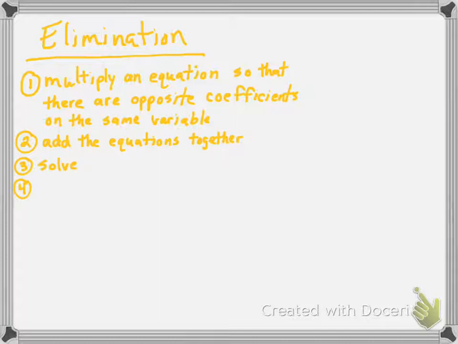This will allow you to solve, because then you'll only have one variable. You can solve any equation that only has one variable. Okay, so then once you solve it, step 4, similarly to substitution, is to plug that value back into one of the equations to find the second variable.